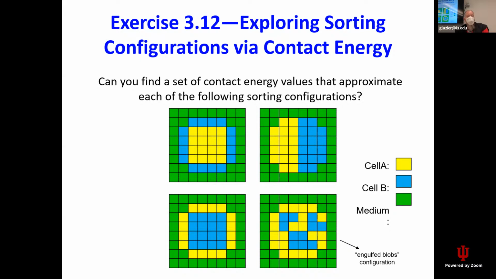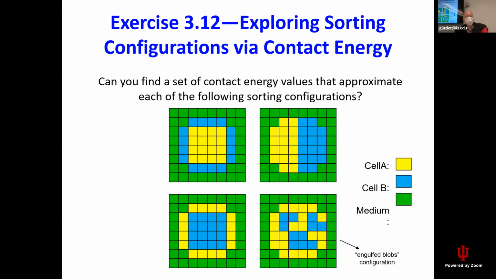In other words, if I have JAA, JBB, JB medium, JA medium, JAB, and I want this pattern, the pattern I've shown to have the lowest energy, what do the relative values of JA and B have to be? For example, suppose I want yellow in the middle and blue on the outside. Well, I need AA to be less than BB for that to be true.